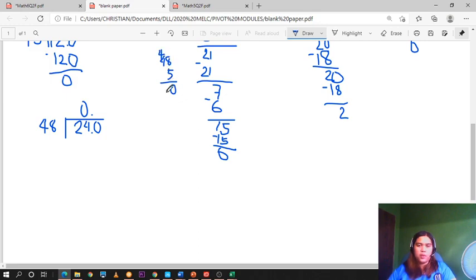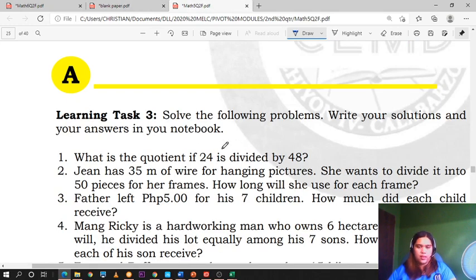And 4 times 5 is 20 plus 4 is 24. Okay, so 5. 5 times 48 is 240. And 240 minus 240 is 0. So, ang answer po sa number 1 is 5/10. Okay? So, yun din lang po ang gagawin natin.